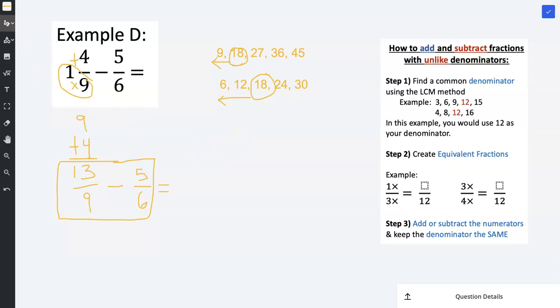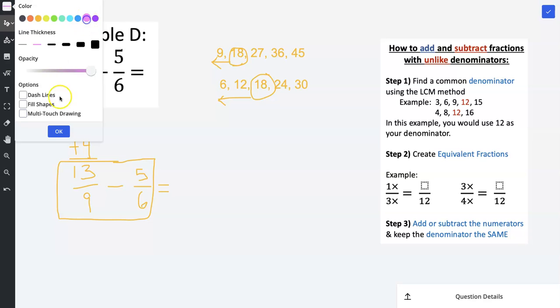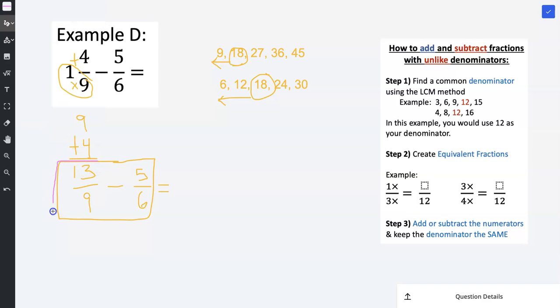Now I'm going to change the color I'm using, and I'll start by changing the 13 ninths. I need to change it so that it has a denominator of 18. I need to think about what scale factor I need to use. 9 times what gives you 18? Well, 2 9s gives you 18.